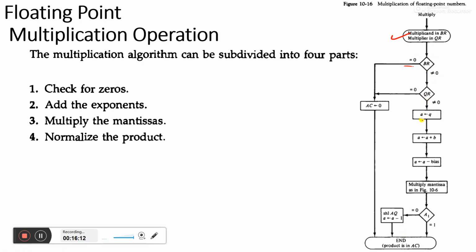If QR is also not equal to 0, then the value of q is transferred to a, and a tends to a plus b, and a is a minus bias. I will tell you what bias is. Then multiply the mantissa. For this I will suggest you check integer multiplication.